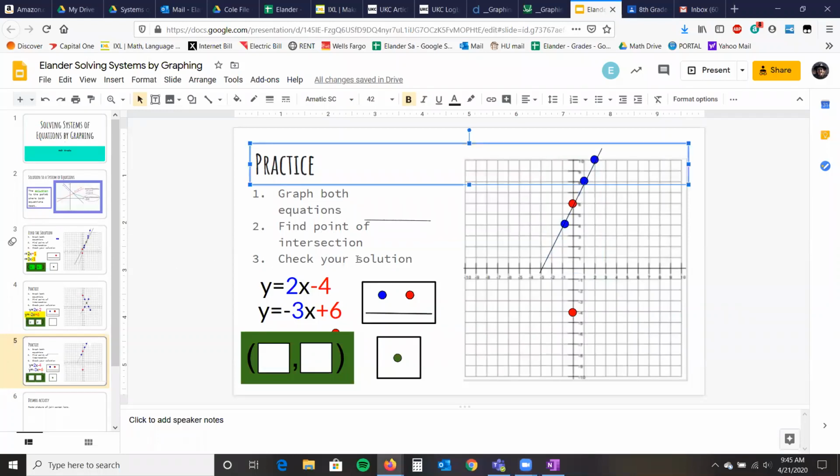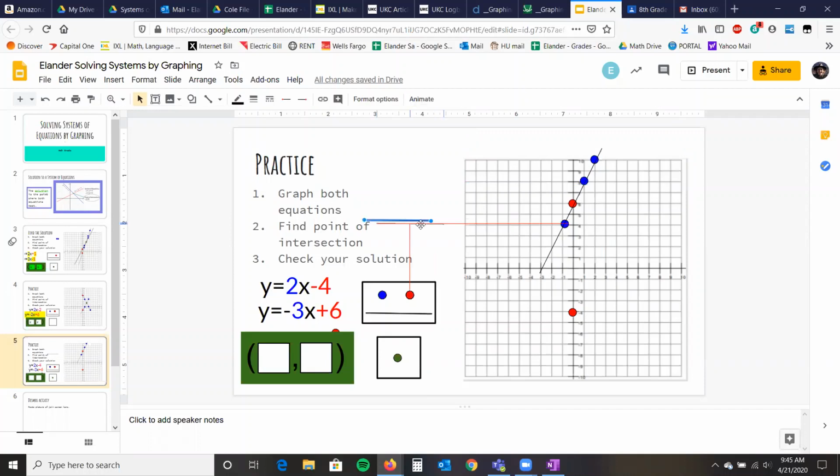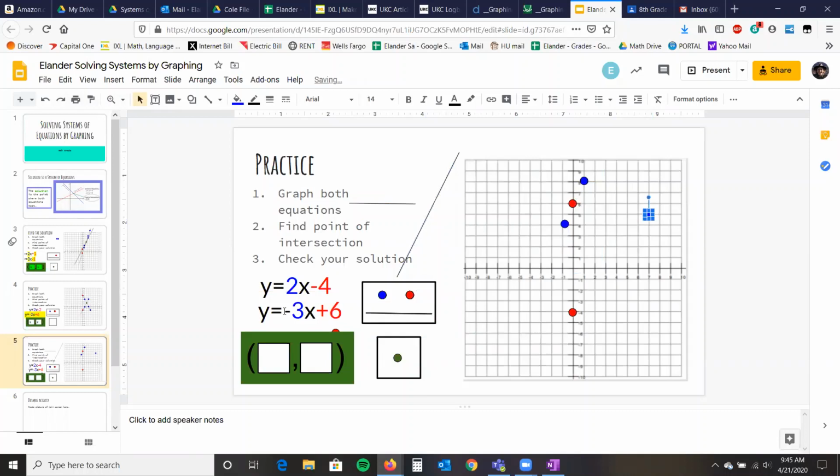Okay, so here's what mine's looking like. And again, you can have your screen up too. That way you can be finishing up while I'm talking. So I just placed my plus 6 y-intercept for the second one. And I actually didn't do this one right because I did the wrong slope for that one. So +6, and then my slope on that one is -3/1, right?